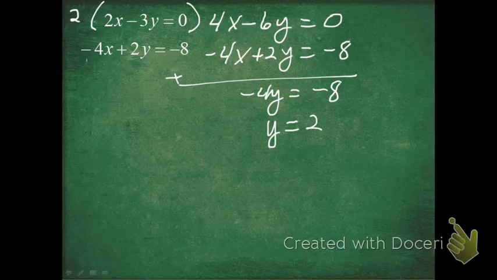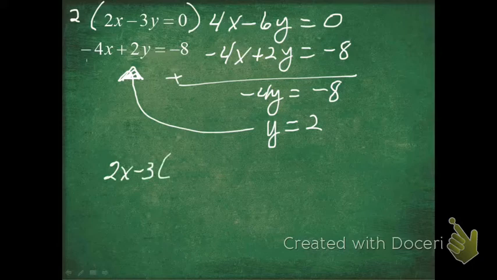Okay, so we've got one of the variables. To find the other one, you go back up to your original equations. You can use either one. It doesn't matter. Pick the one that looks easiest to use to you. I'm going to use the first one. So I've got 2x minus 3 times y, but now I know that y is 2, so we'll substitute that value in. It is equal to 0.